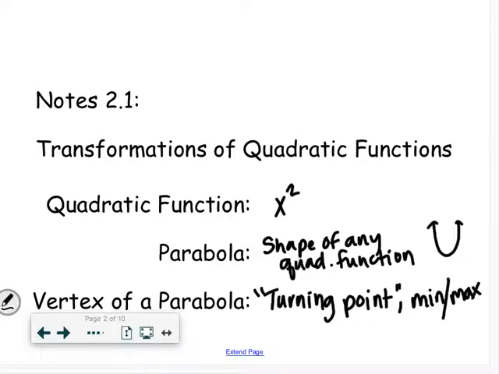And we also talked about a vertex with the absolute value, right? The vertex was like the corner of the V. So that's also a really important point on these graphs. Any clarification or questions or other descriptions people have about quadratic functions, parabolas, or vertex?